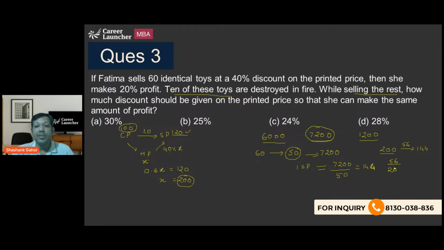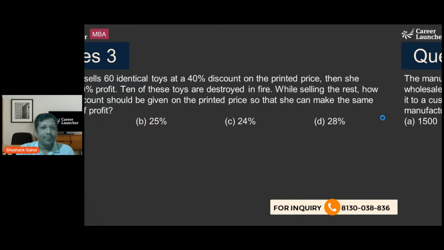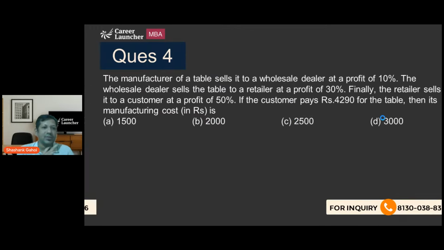So basically, what is the percentage discount we are talking about? That is going to be 28%. So the answer of this question is going to be option D, that is 28%. We can easily get the answer right in this question. Again, read carefully, get the answer carefully. Now, let's start this one.